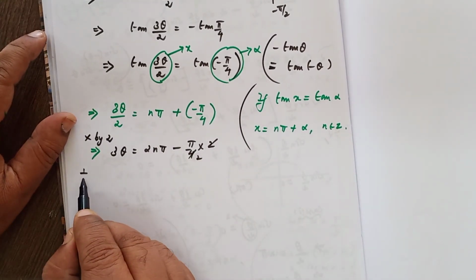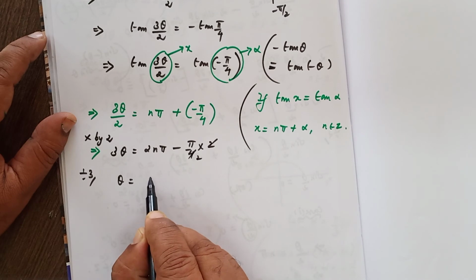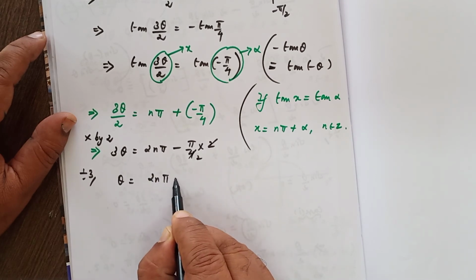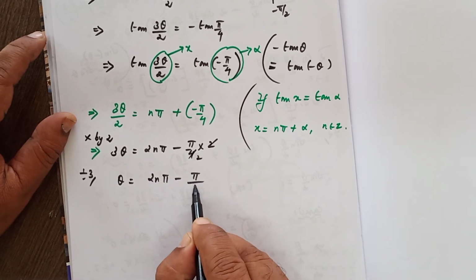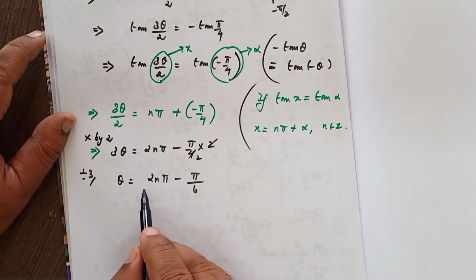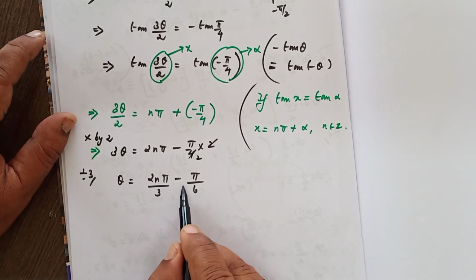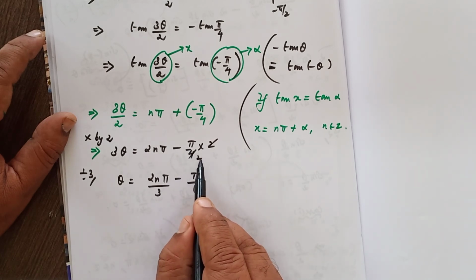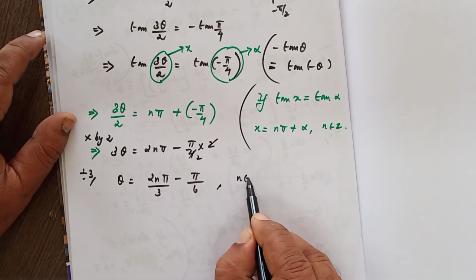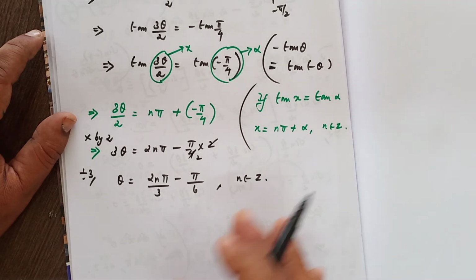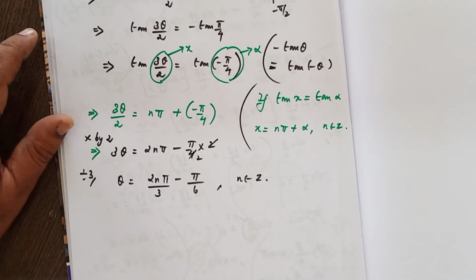Now divide by 3, you will be getting theta. Theta that is equal to 2 n pi by 3 minus pi by 6. Sorry, here by 3. 2 n pi by 3 minus pi by 2 times 3, 3s are 6. N belongs to integer. That is the solution.